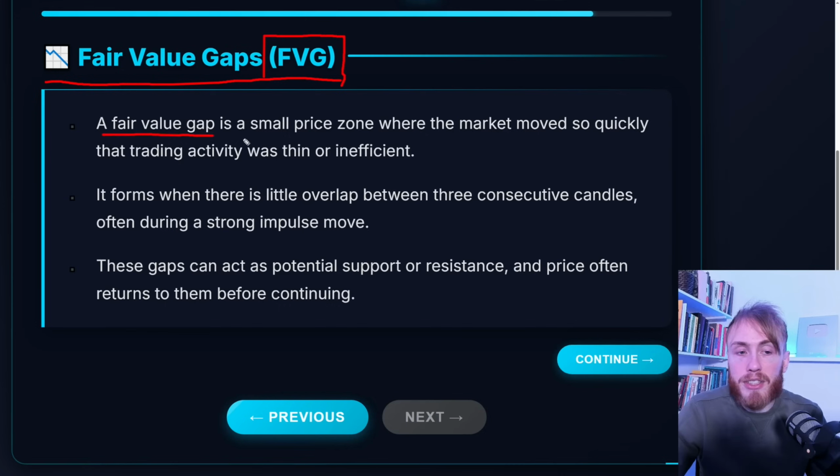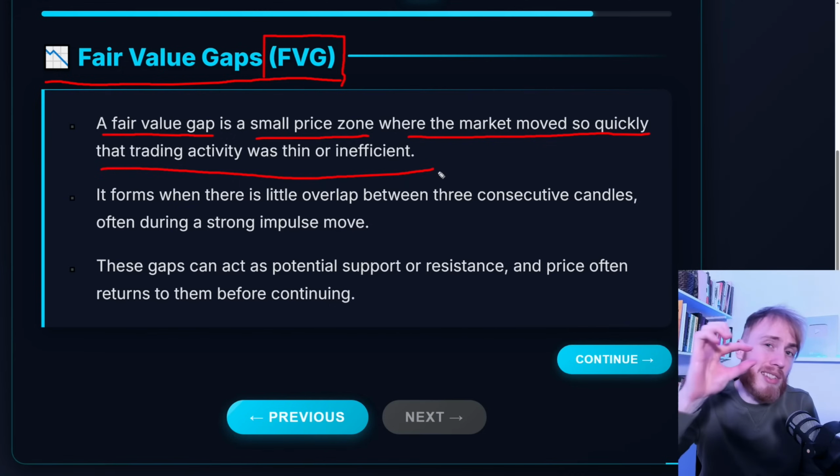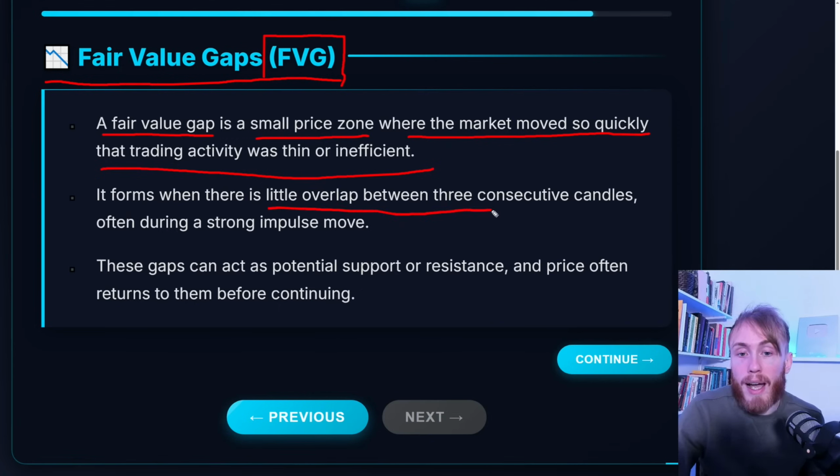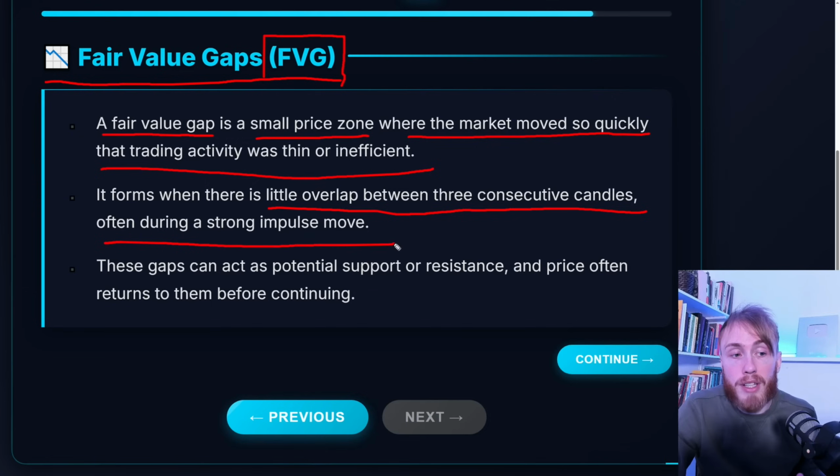A fair value gap is basically a small price zone on the chart where the market moved so quickly that trading activity was thin, or also known as inefficient. A fair value gap forms when there is little overlap between 3 consecutive candles, and it often forms during a strong impulsive move.